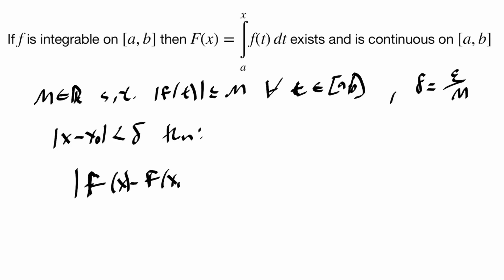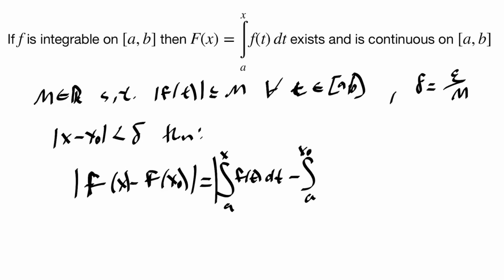Capital F of x minus capital F of x naught is equal to the integral from a to x of f of t dt minus the integral from a to x naught of f of t dt.